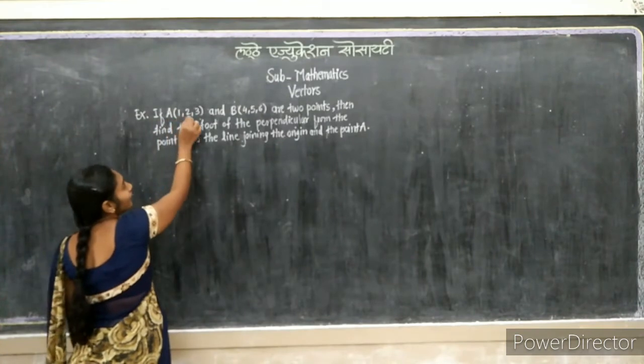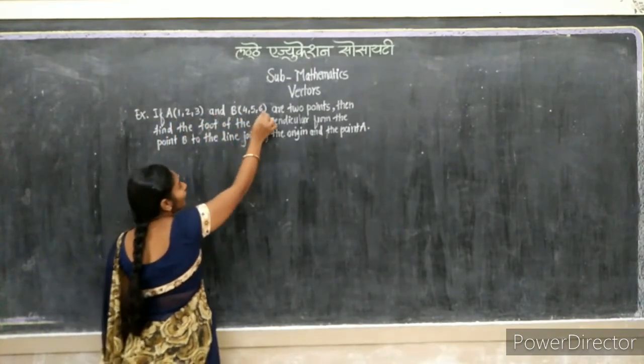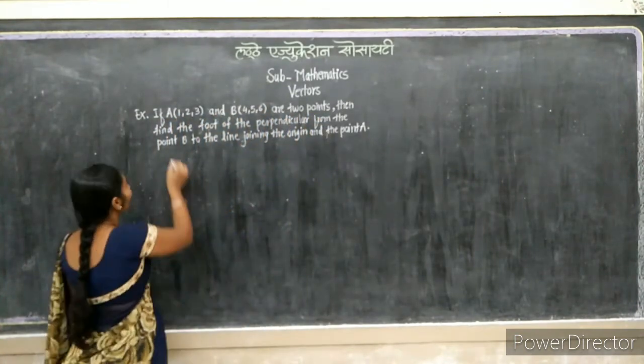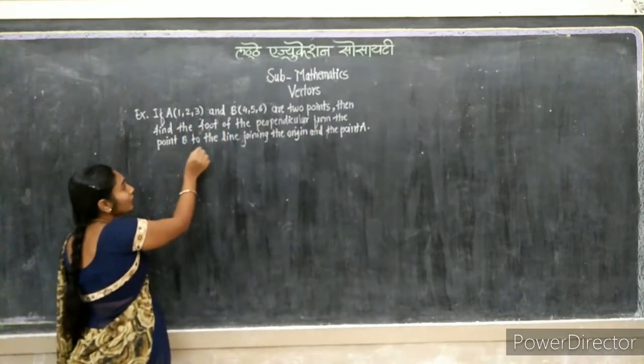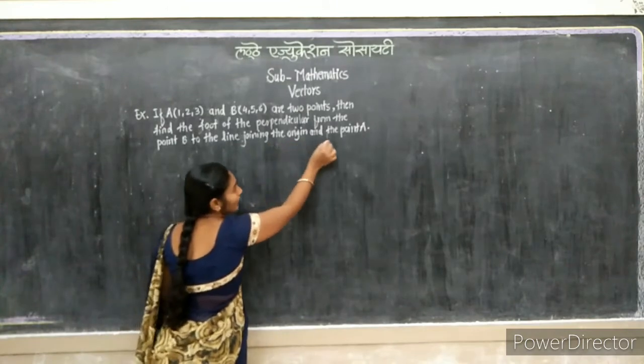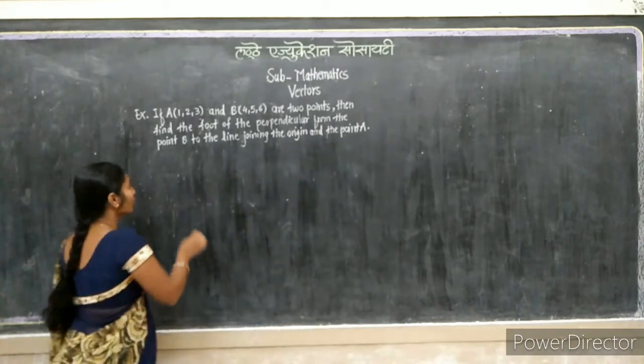See the example. If A in bracket 1, 2, 3 and B in bracket 4, 5, 6 are two points, then find the foot of the perpendicular from the point B to the line joining the origin and the point A. Solution.